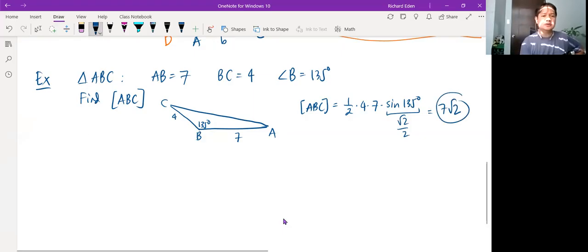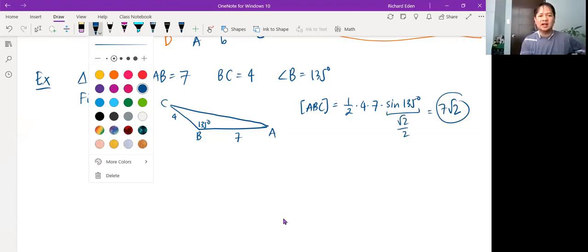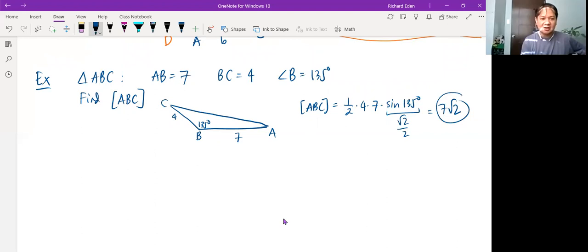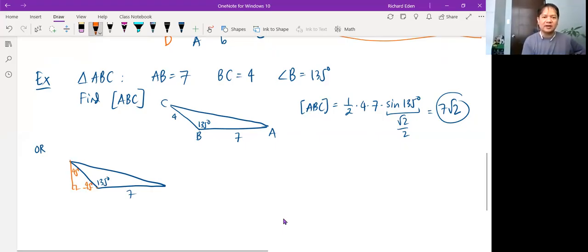But of course, it's possible to find the area without using that formula. We can do something like this. If that's 135 degrees, if you draw the height, this is going to be 45 degrees, 90, 45 degrees. And the fact that this side is 4 allows us to determine what the height in orange is.